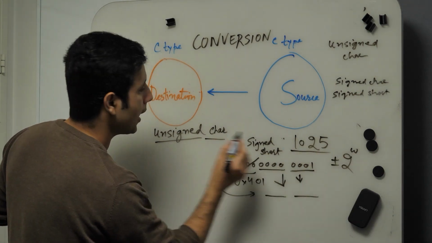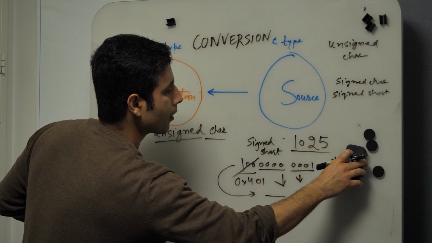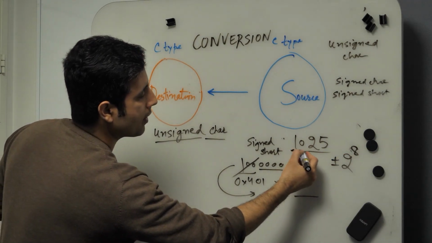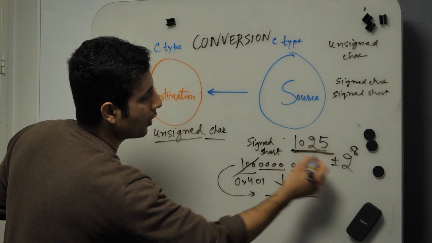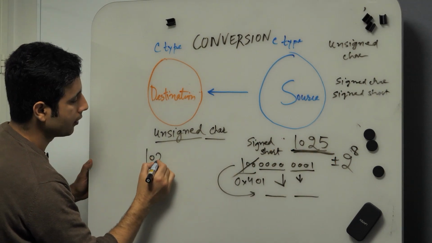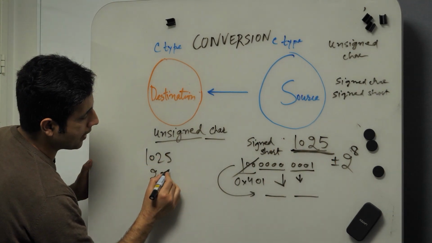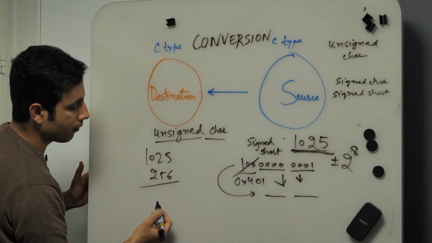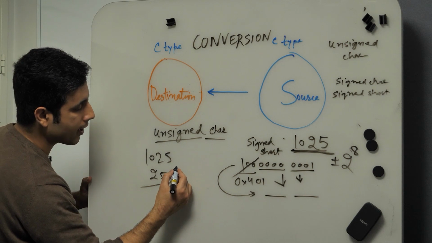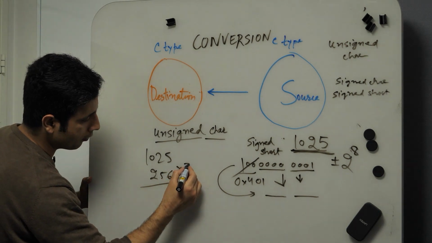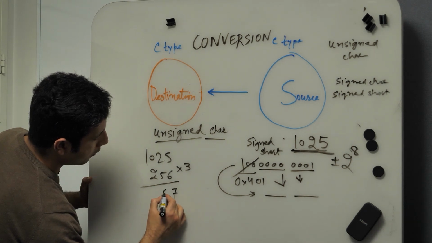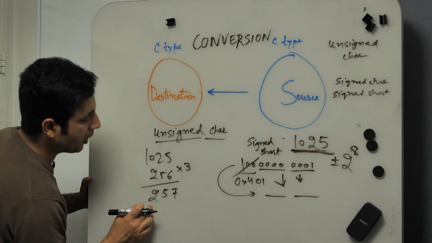W is 8 here, to this value till it falls in the range. Say now it's a big value, it's quite big, so we'll keep subtracting 256 and it should fall in the range. If we subtract, say, this 3 times, it will be 257.